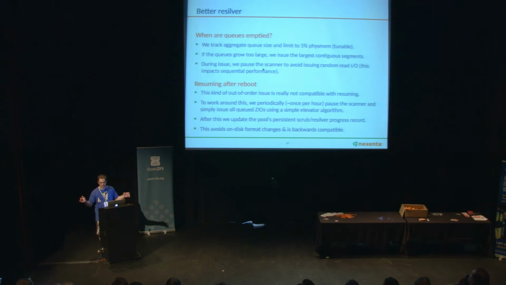So basically, that's how we contract the queues, and we try to hover around the 5% physical memory target. Obviously, the more memory you dedicate to it, the better it works. And I'll show that in a couple of benchmarks in a moment.